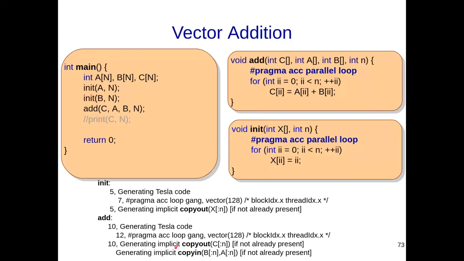And therefore, this is kind of redundant copying in, which might actually happen. Thankfully, if not already present, we'll take care of that. So if it is already present, hopefully it will not copy. But I would like the compiler to know that I already have it on the GPU. You don't need to worry about even thinking of copying. So that is what the expectation is from the program.